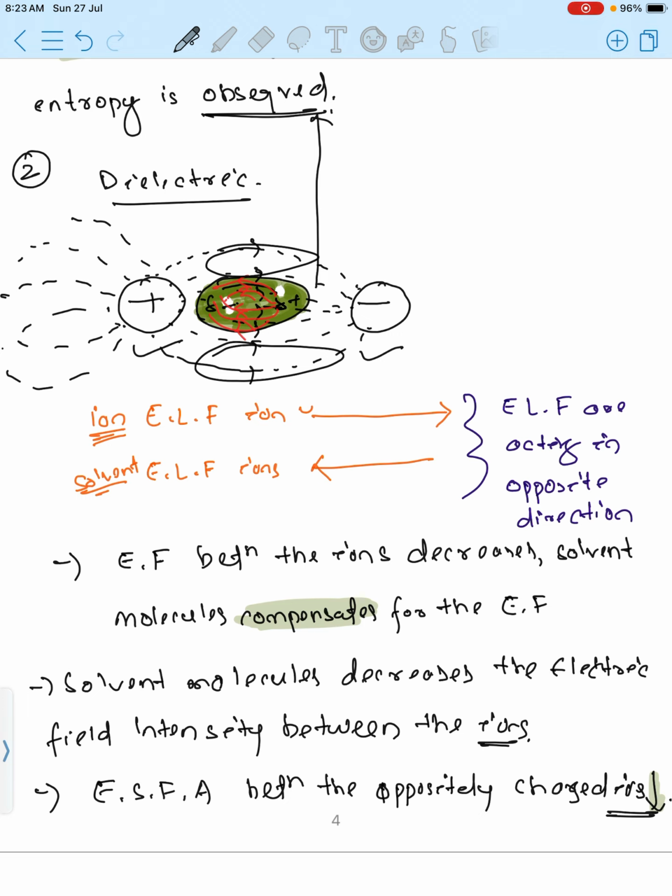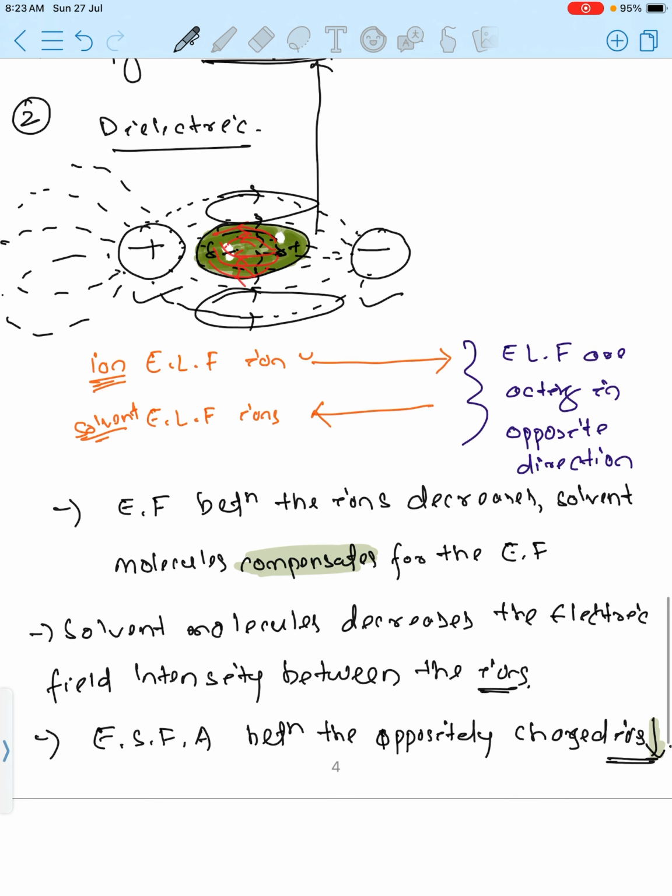As a result, the ions will become more and more free. Therefore, we can say that the solvent molecules which have a higher dielectric constant value actually decrease the electric field existing between the ions to a larger extent, and therefore their dielectric constant value will be larger.